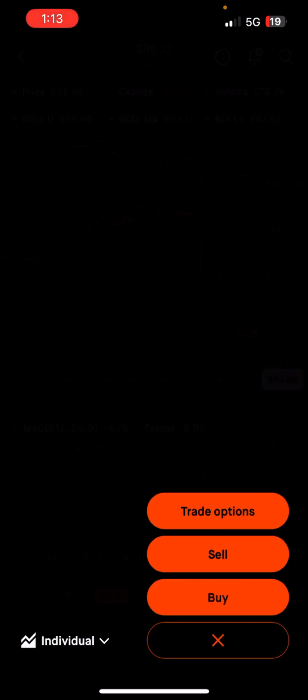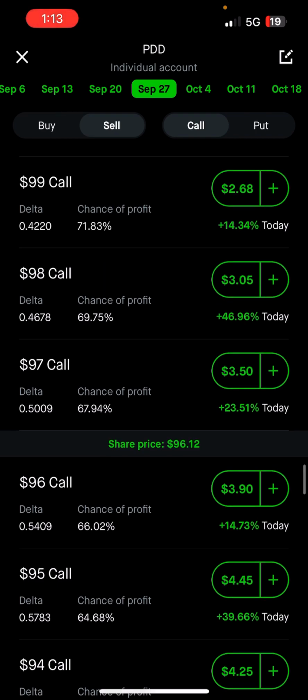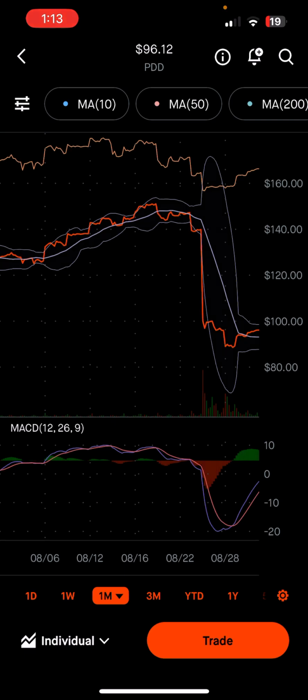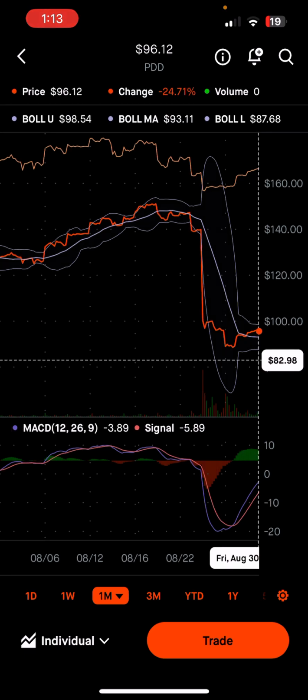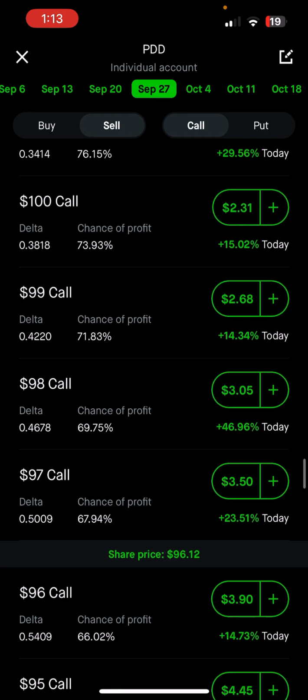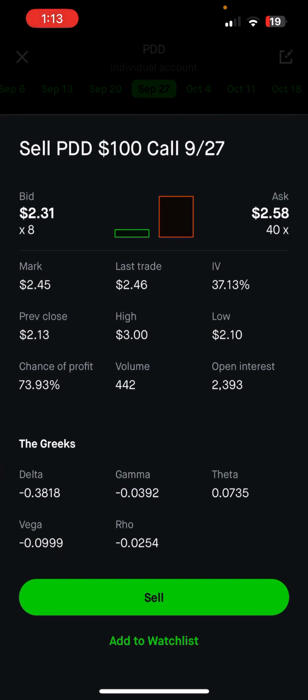So a good thing to do is to go to trade options, and we're going to go a month out and sell a covered call. So I'm looking at the BOLLU, which was 98. So what I would do is anything above that 98. So we're going to do one that's like 100. This 100 one you would do, the delta and the chance of profit are all what I'm looking for.